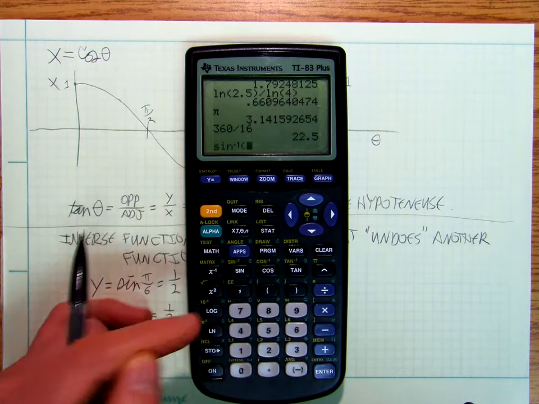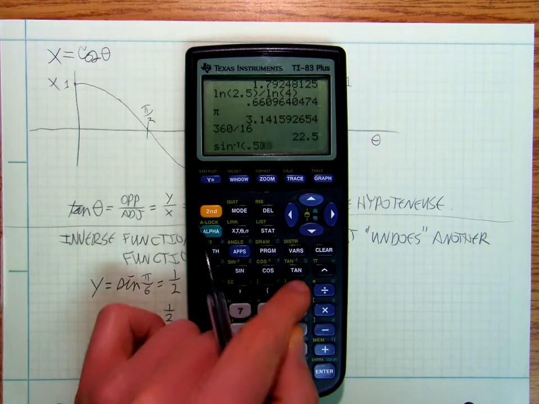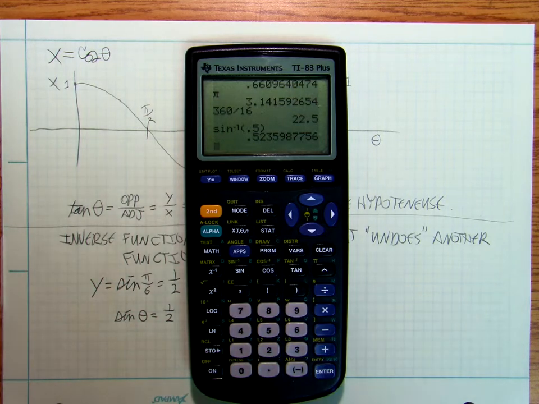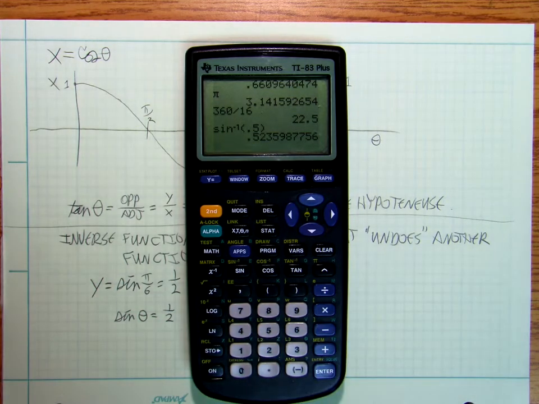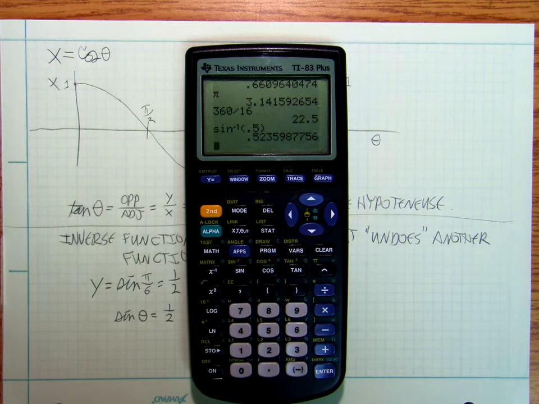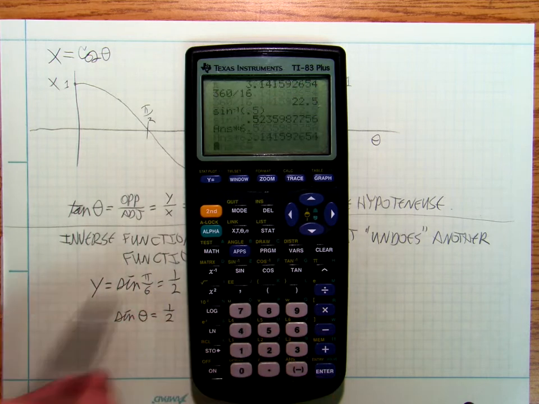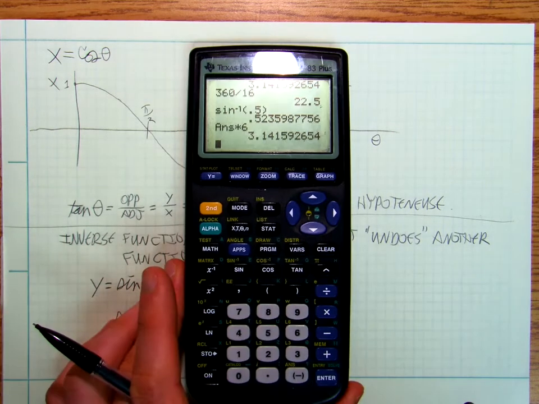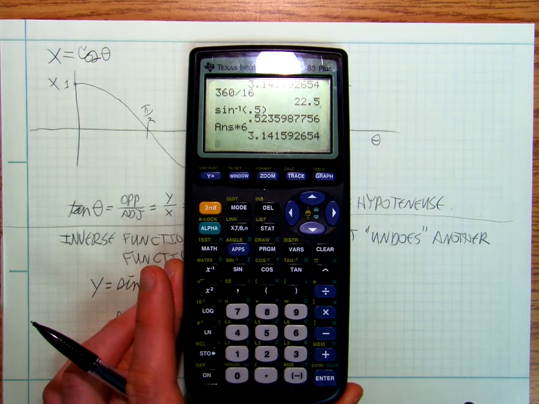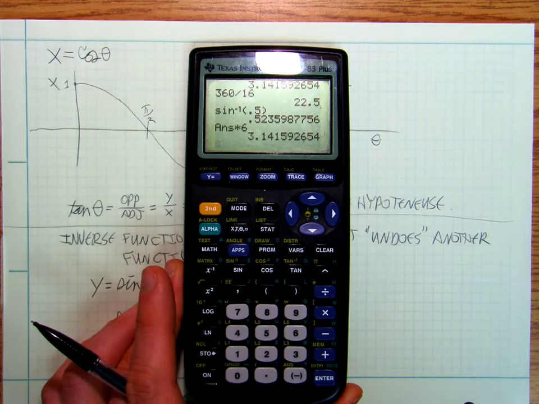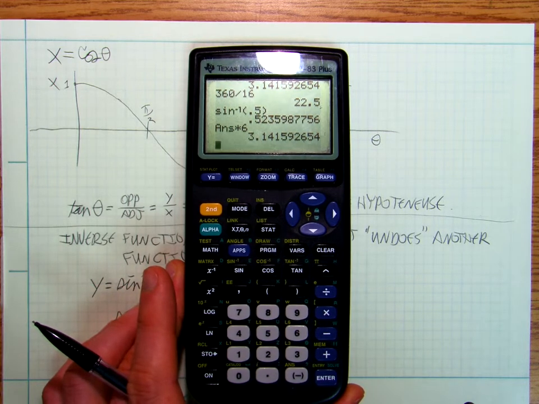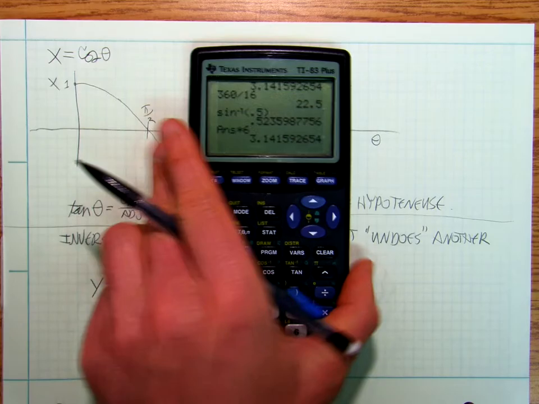So I do the second sine of 0.5, and it gives me 0.5235. And if I take 0.5235 and multiply it by 6, I get 3.14. So the sine inverse of 0.5 is pi over 6.